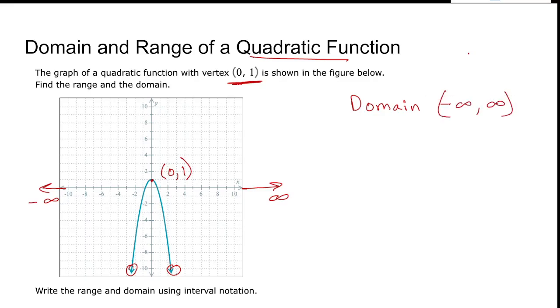Kind of like we talked about, you can put anything in for an x squared and it'll come out. But the range, graphically, as we're going to see here, is from either the vertex up or the vertex down. And from this one, we can see it's from the vertex downward. So 1, the y value of the vertex, that's going to be the largest value.